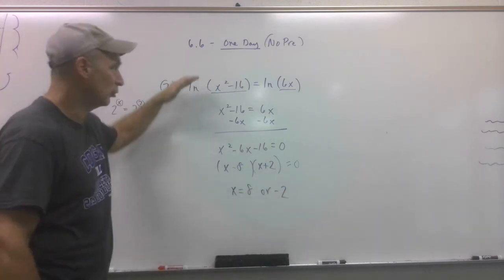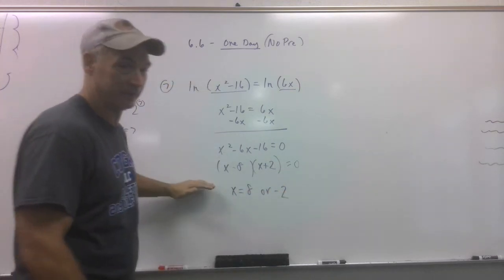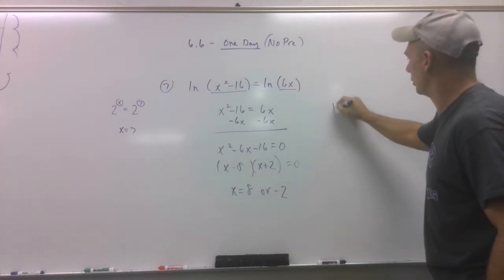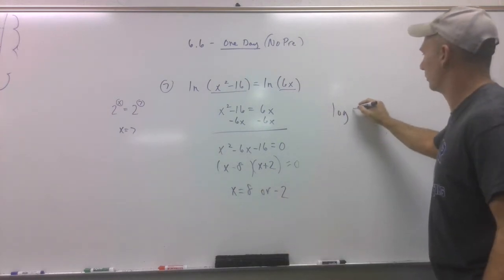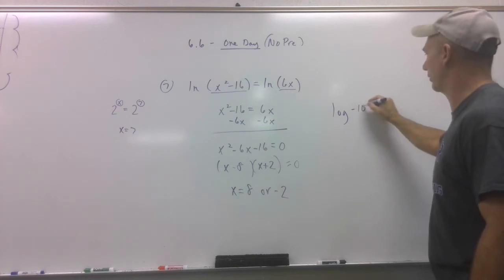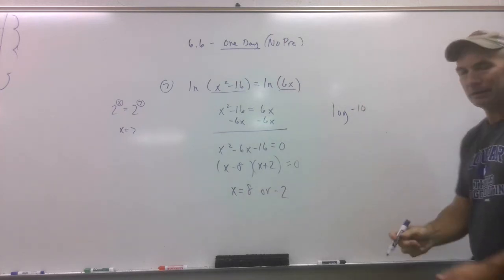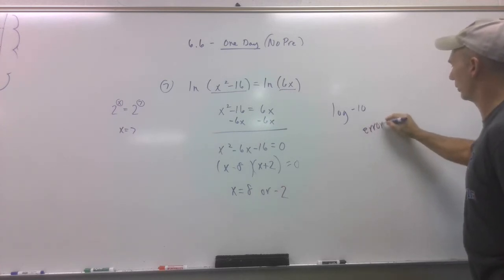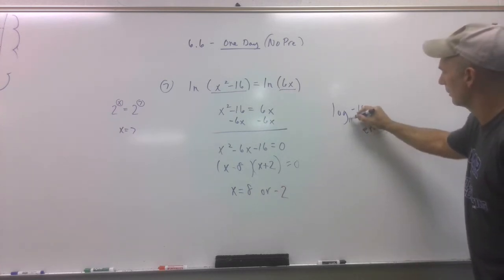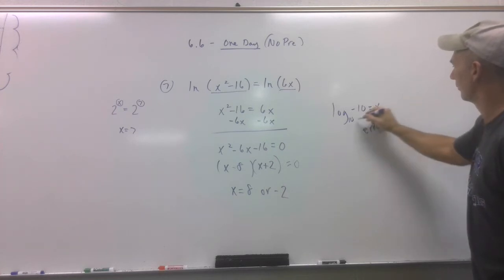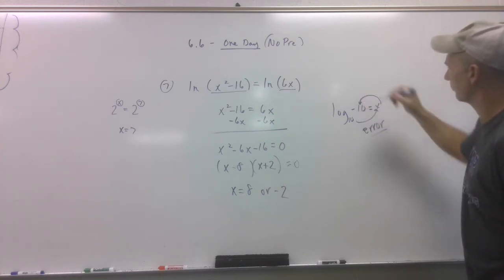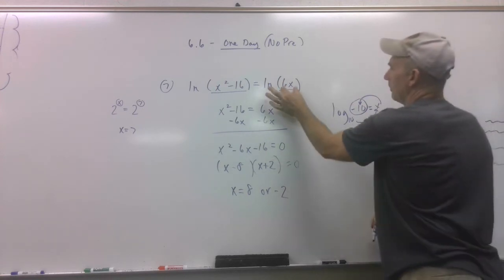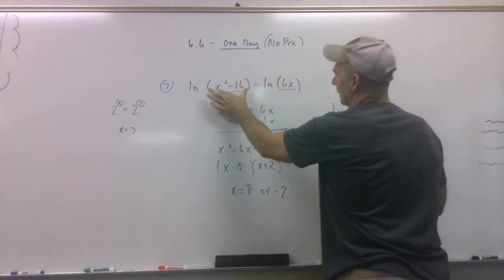Now there is a twist in this stuff. And here it is. Remember, if I had a log, and I'll just put a negative 10 here, I say, hey, what's the answer? If you type that in your calculator, it's going to be error. Why? Well, 10 raised to some power will never give me a negative. So I can never have a negative in that spot, and I can never have a negative in this spot.